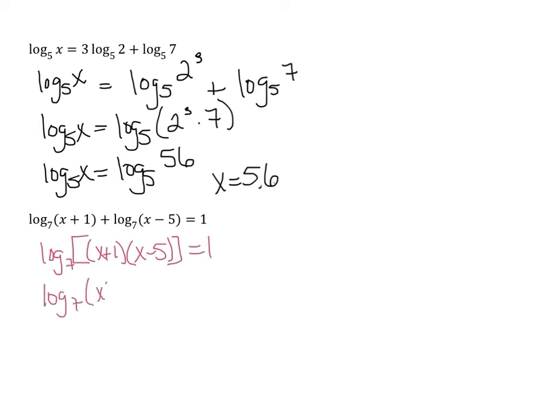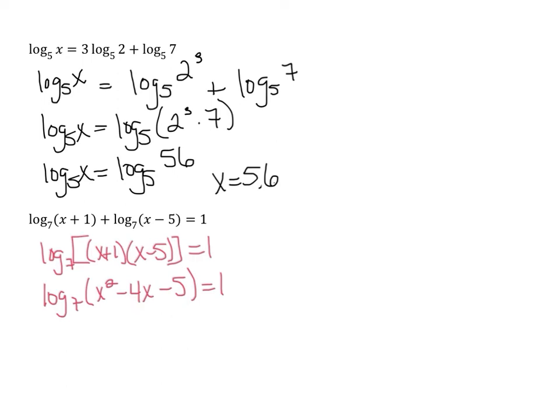So that's x squared minus 5x plus x, that's minus 4x, minus 5 is equal to 1. The next thing that you do is going to seem very unusual, but it's something that you did in 10.4. You rewrite this logarithm as an exponent. Base, there's your power, your exponent, and that's what it's equal to.